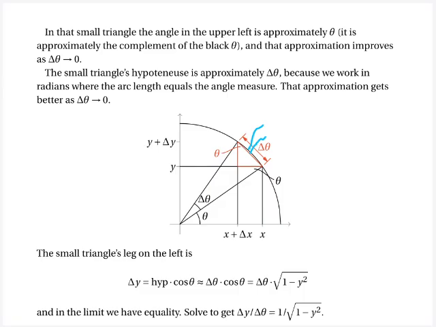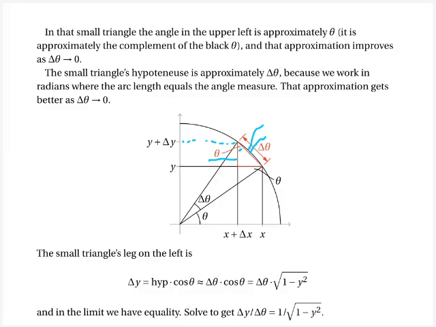The small triangle's leg on the left, this leg right here, is delta y. Delta y is the hypotenuse times cosine theta, because this angle is approximately theta, and so that's approximately delta theta times cosine theta, which is delta theta times the square root of 1 minus y squared.